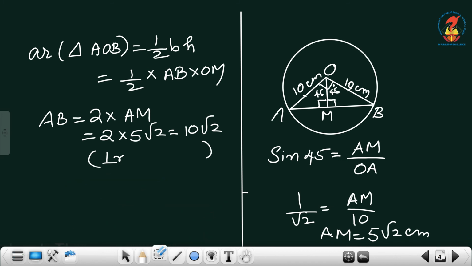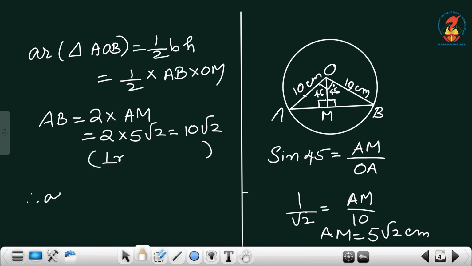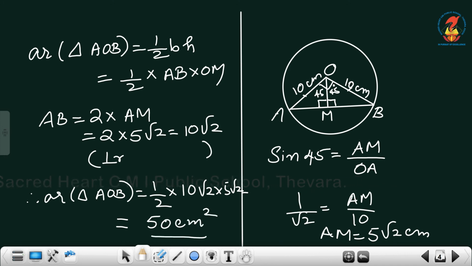So from here we can find, therefore area of triangle AOB is equal to half into 10 root 2 into 5 root 2, which is equal to 50 centimeter square.